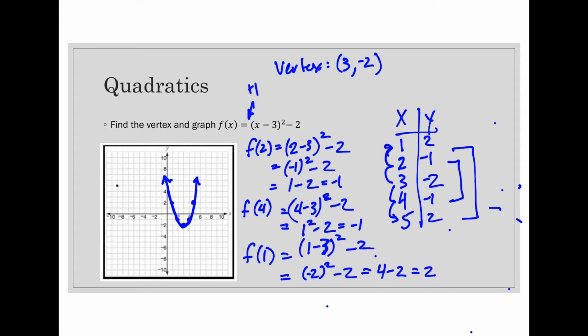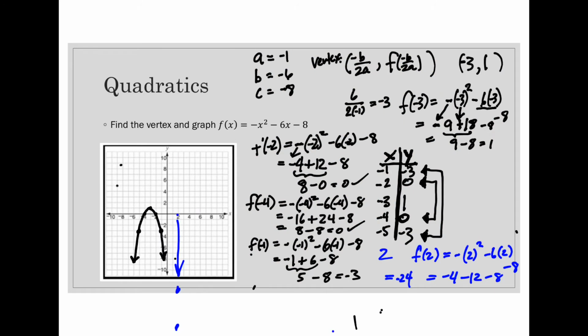A couple of other things I wanted to point out. I'm going to go back to when this was in standard form here. So let's go ahead and write this up here. When we were finding solutions to quadratic equations, we were setting our equations equal to 0.